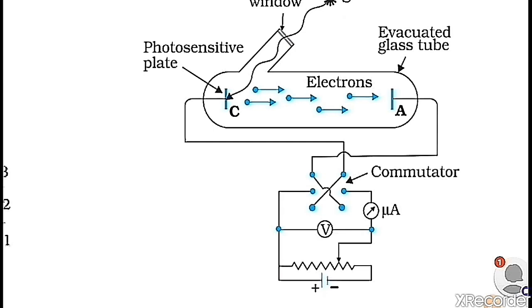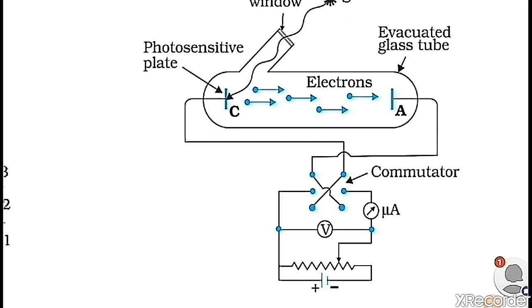At some stage, for a certain positive potential of plate A, all the emitted electrons are collected by plate A, and the photoelectric current becomes maximum. If we increase the accelerating potential of plate A further, the photoelectric current does not increase. The maximum value of photoelectric current is called the saturation current.